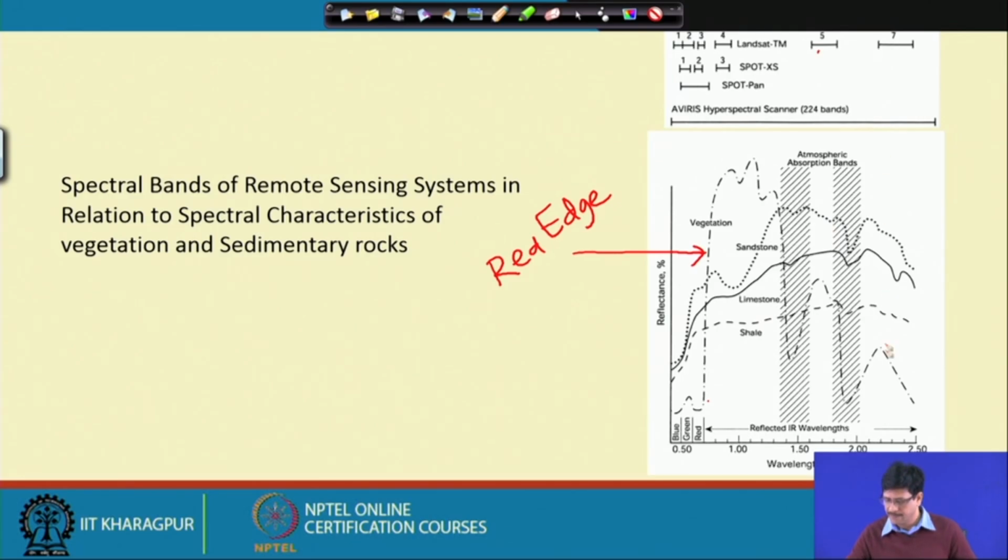So, this is the 7th band of the thematic mapper, and this is the 5th band of thematic mapper, and this is the 3rd band.